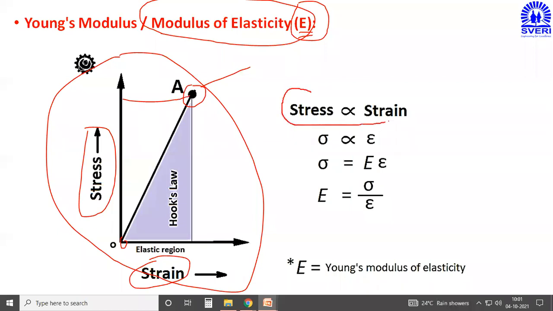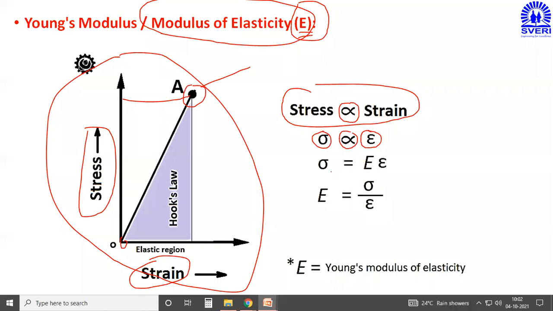I have written it in the form of a formula. What is that? The stress is directly proportional to the strain. So this is the directly proportional to sign. Stress will be indicated by sigma, with this directly proportional sign as it is. Then this epsilon represents the strain value. Then what I have to do? I have to replace this directly proportional sign with one elastic constant.